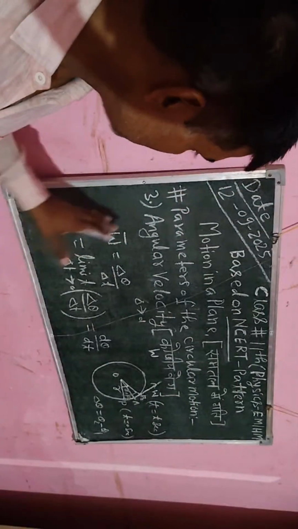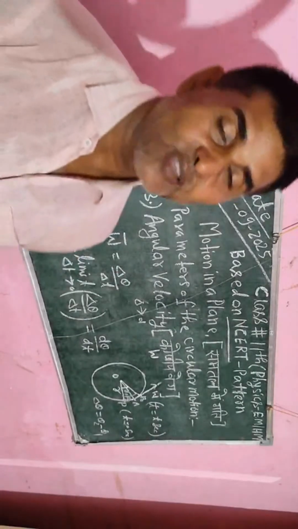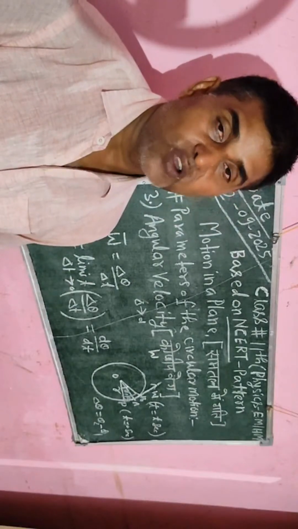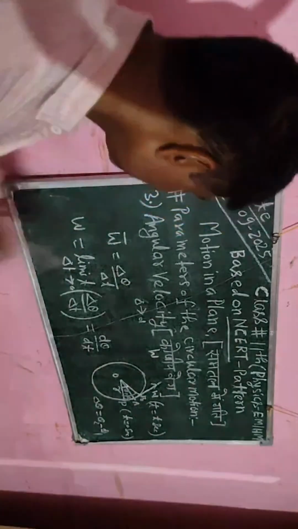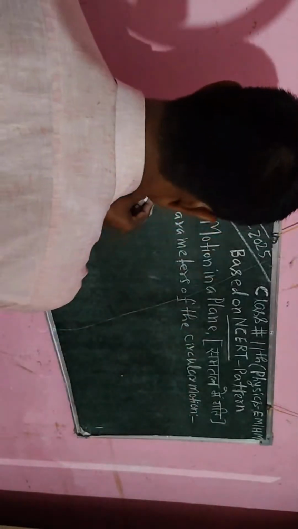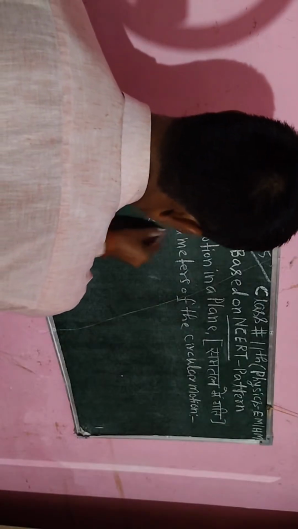First of all I will erase this, and after erasing I will define the relationship between angular velocity and linear velocity. So the next information is the relation between angular velocity and linear velocity.